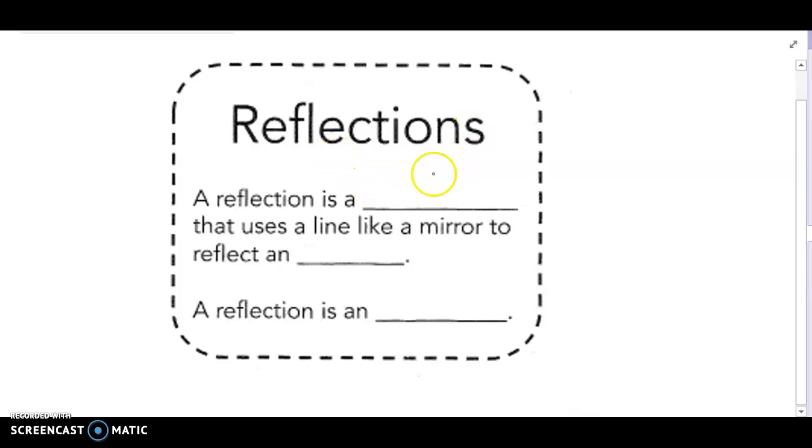So we probably should define it before we get too in-depth. A reflection is a transformation that uses a line like a mirror to reflect an image. And we need to remember that reflections are isometries, so it is an isometry.